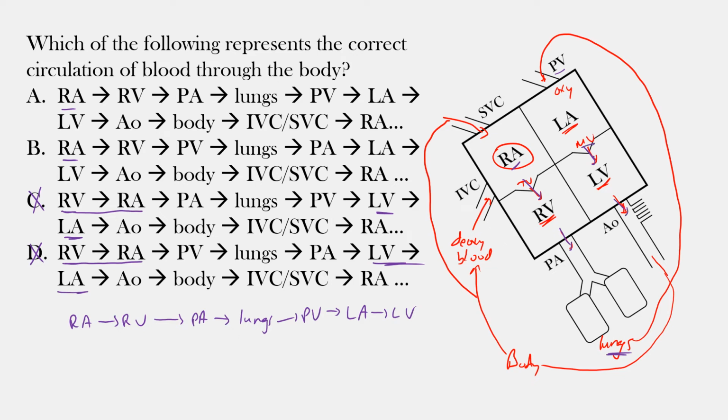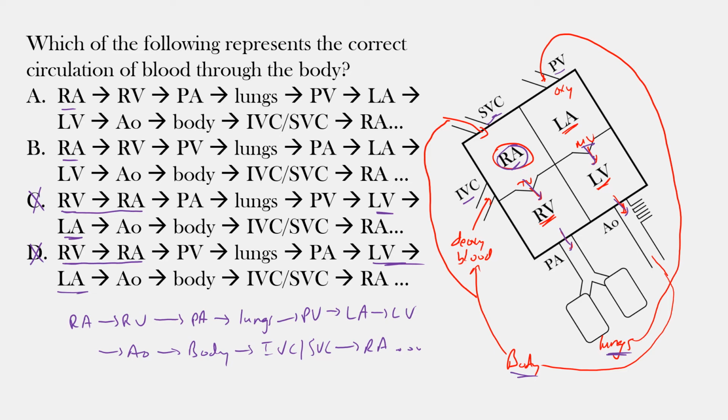From our left ventricle, we go out our aorta, AO, and then to the body, and from the body it goes through our IVC and SVC, depending where it's coming from. This is deoxygenated blood taken up by the muscles, and then it returns to our right atrium, and the cycle continues.